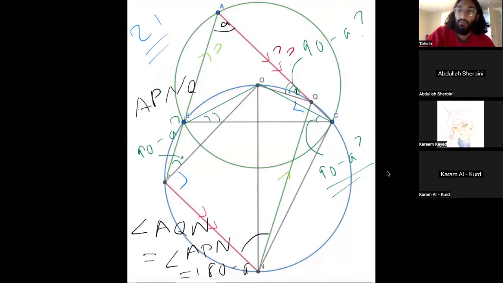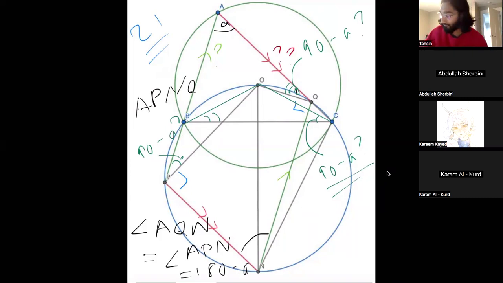So you have BOQC, then it tells you that the two opposite angles are complementary, so actually the two marked angles are equal. Does that make sense? Yeah, I get it. So now our job is easier, because what is our job now?